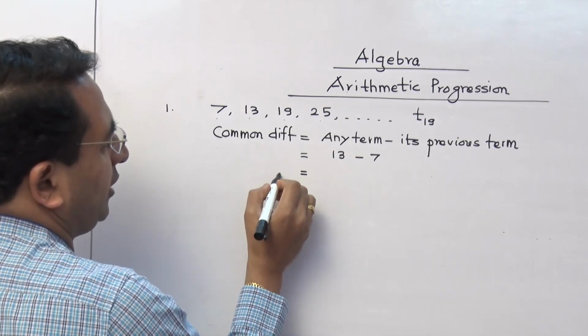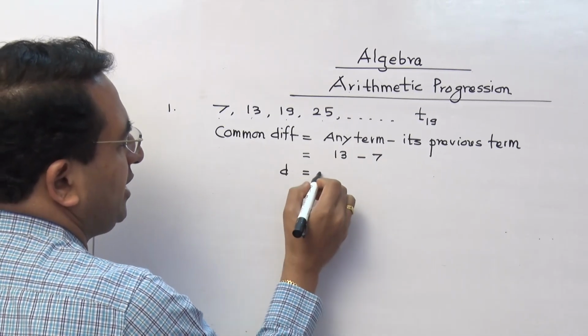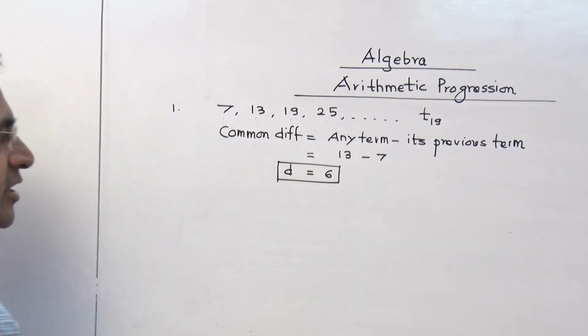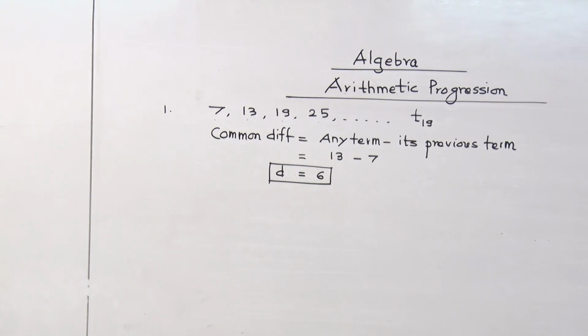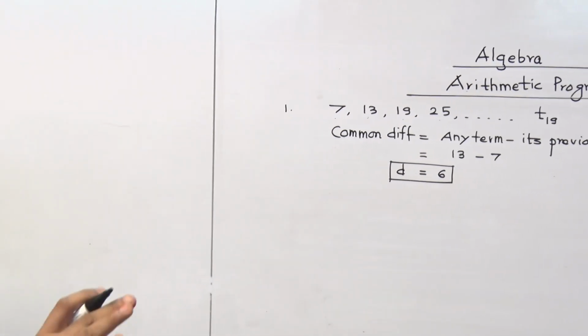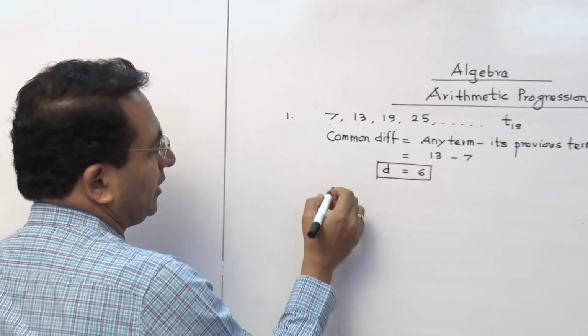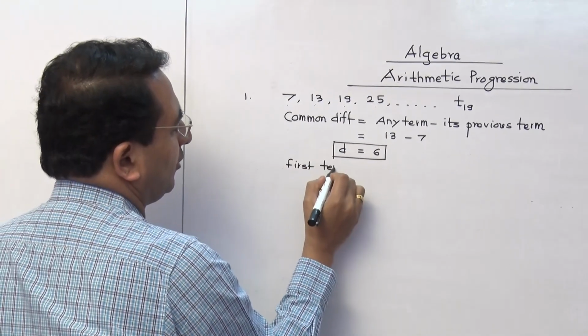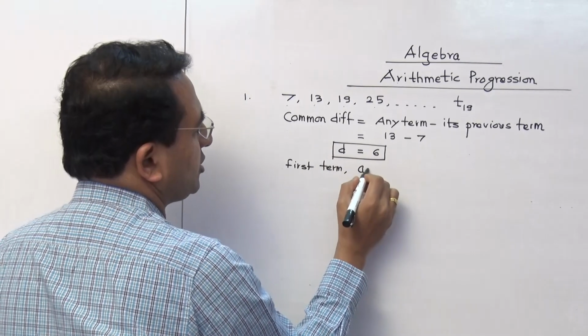Common difference, we give the notation D, that comes to be 6. Remember, these are the things which are important for application of the formula, and that's why we are putting it in a box. Now the first term of that particular AP, the first term, comma, A is equal to 7.